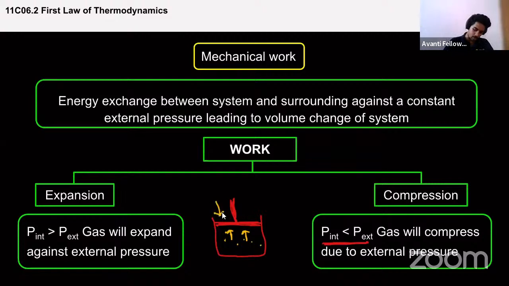Due to the increase in force from outside, the piston will move downward. This is compression. Whenever external pressure dominates, the piston goes down and compression happens. Whenever the internal pressure dominates, it pushes the piston above and expansion happens.